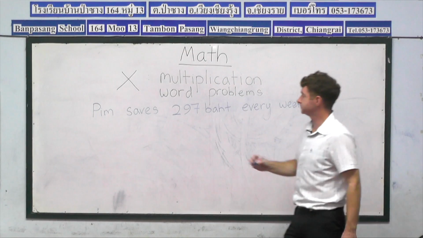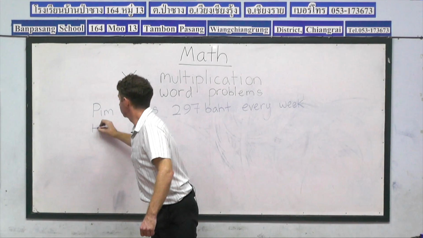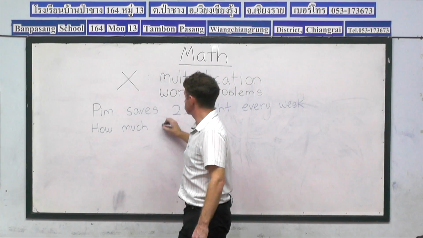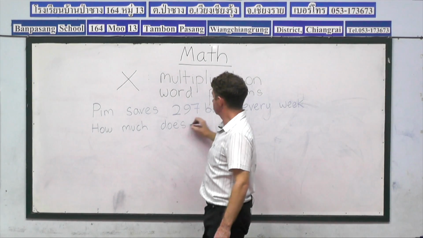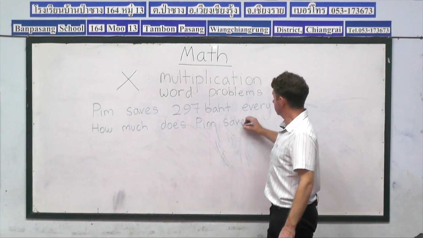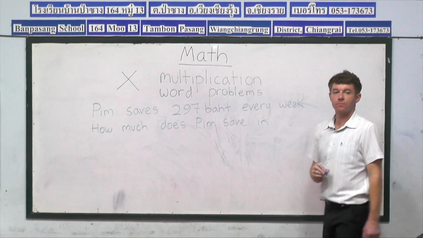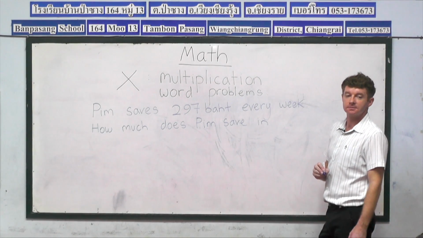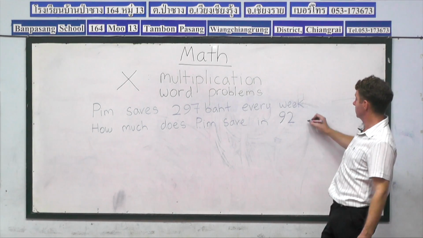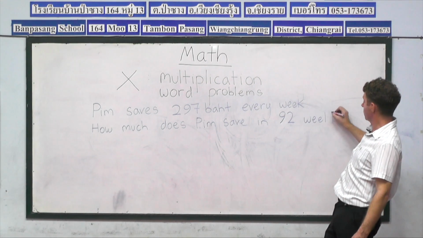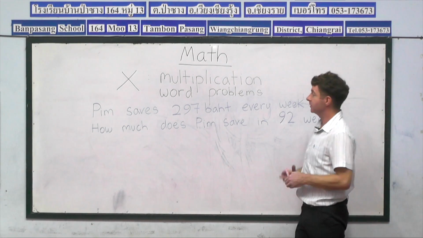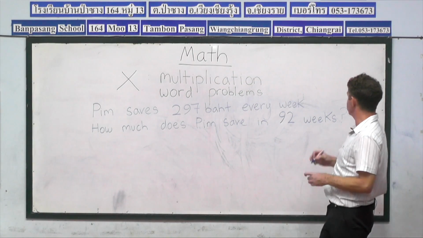So, how much does Pim save in, 2 digits, please, guys? 9, 2. In 92 weeks, plural.